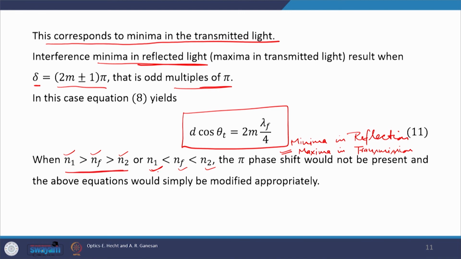In both these cases, this pi phase shift will not appear. Therefore, the conditions of maxima and minima in transmission and reflection would be modified. These equations would be different, because now we will have to take away the extra pi phase shift from equations 10 and 11.